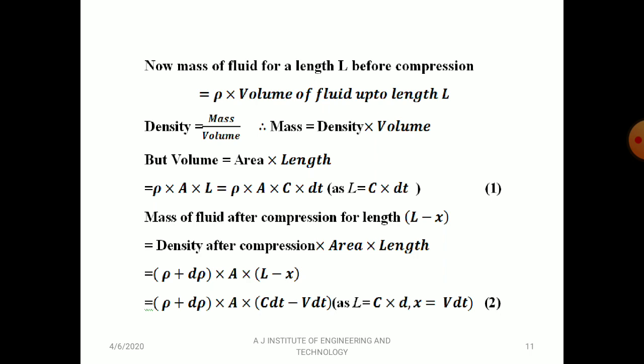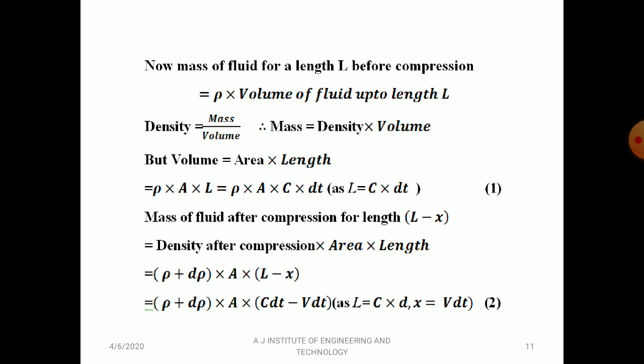Now the mass of the fluid after compression for a length L minus x. We consider the L minus x region just because the fluid will be in a compressed state in the L minus x region. So that is equal to density after compression into area into length. The equation remains the same, but you have to modify it here. In place of density, rho plus d rho, and the area remains constant, the cross sectional area A. Now, instead of length L, you have to consider L minus x.